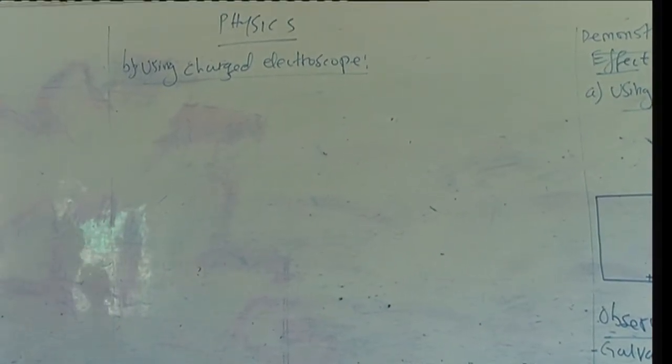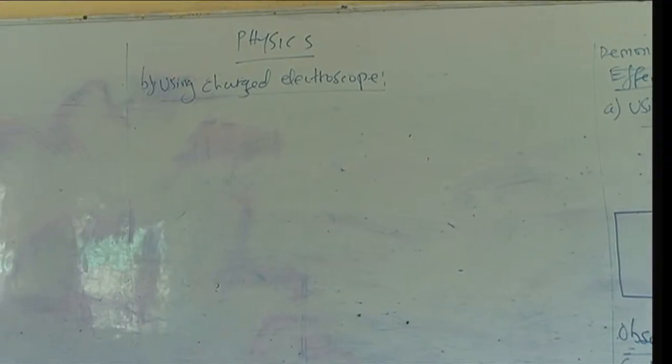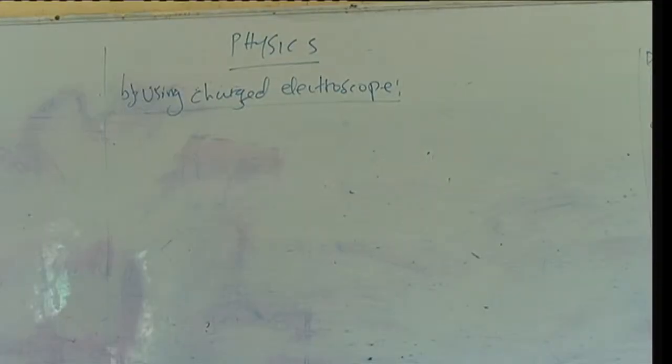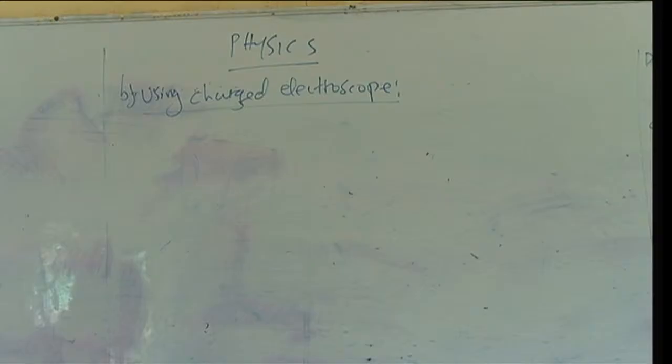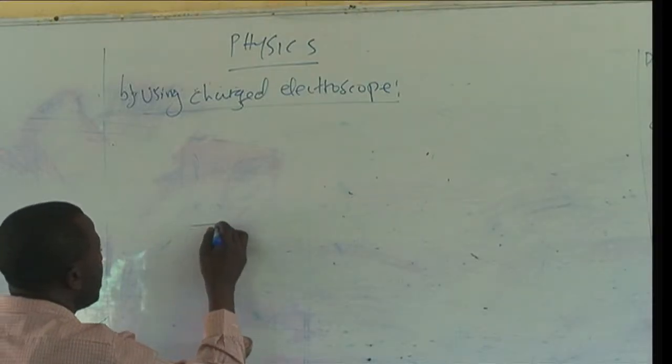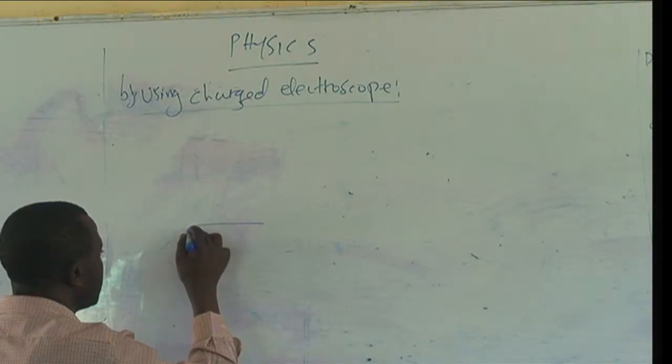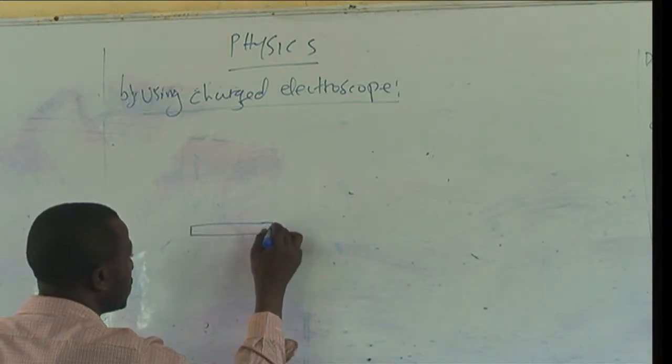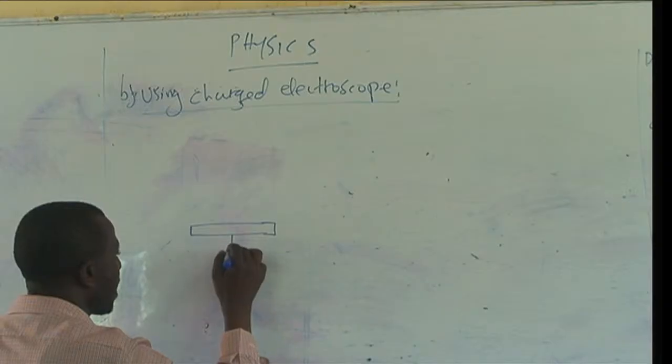Now, in this case, of course, the apparatus will include what we call an electroscope to illustrate what we have.